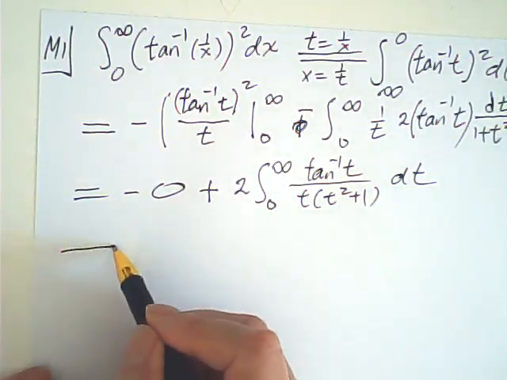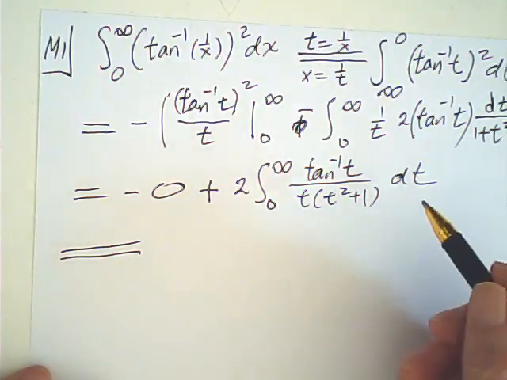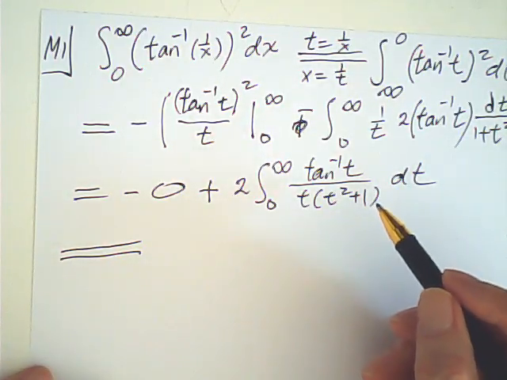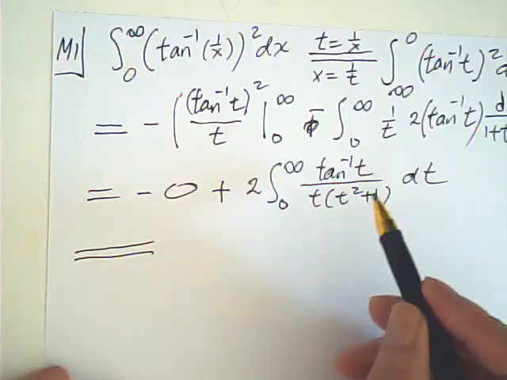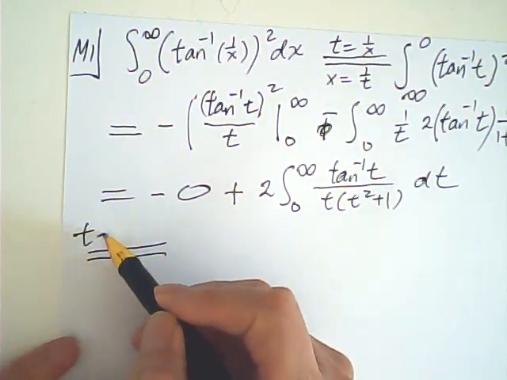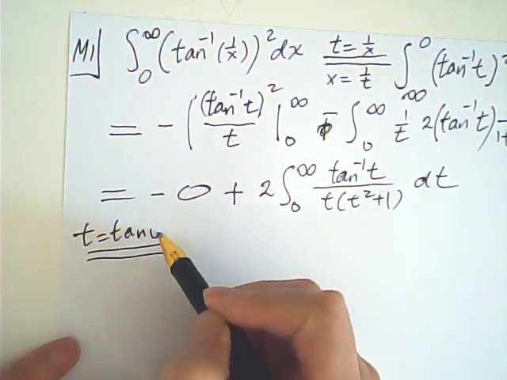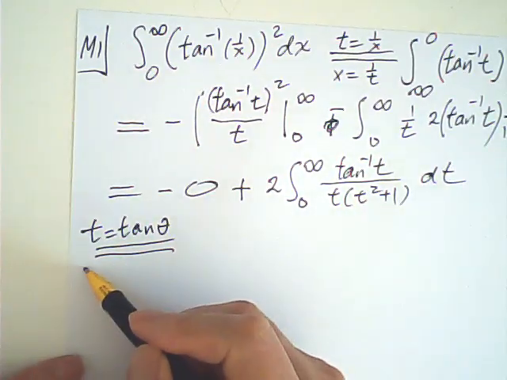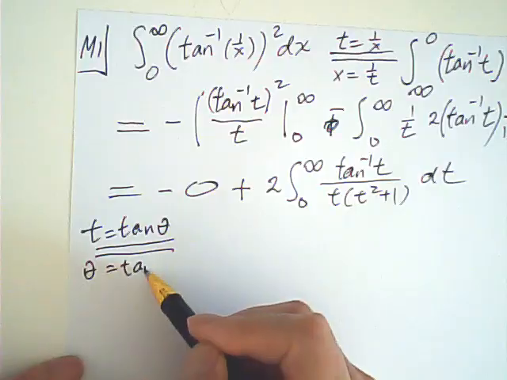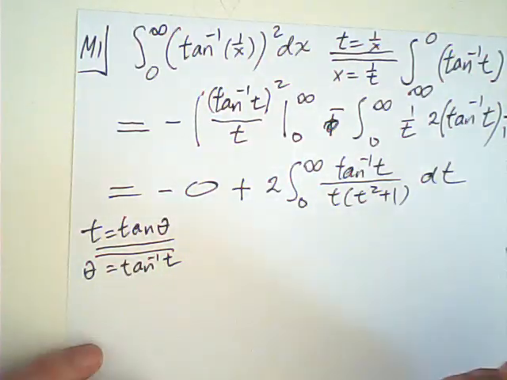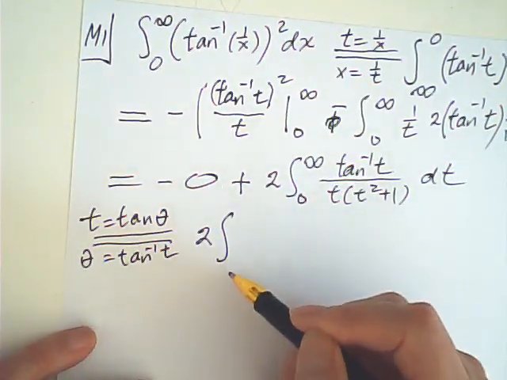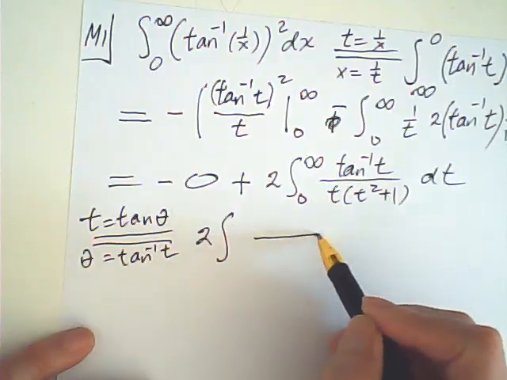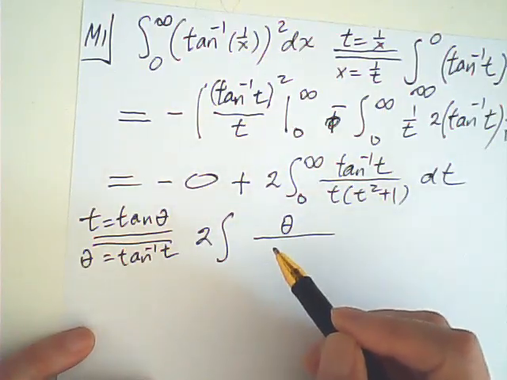Then I use a substitution again. I let t be tangent theta, so theta is equal to arctangent t. So this is equal to 2 times the integral of theta.